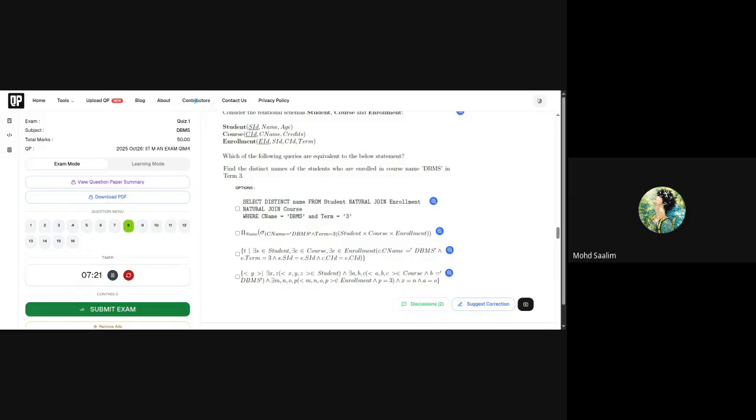So what happens in these types of questions, the schema will be provided and they will give you some statement, just like they give you in SQL questions where they give you a statement and then you write SQL queries. In the same way, they will give you a statement. Then you have to select the correct SQL queries or TRC, relational algebra, whatever is given, you have to select the correct ones out of them. So for that, of course, you need the knowledge of relational algebra, basic SQL, right?